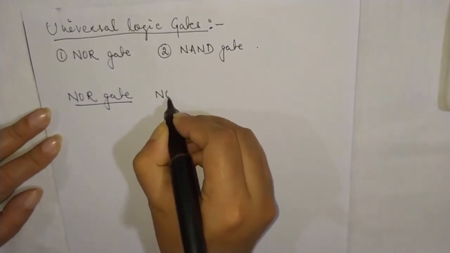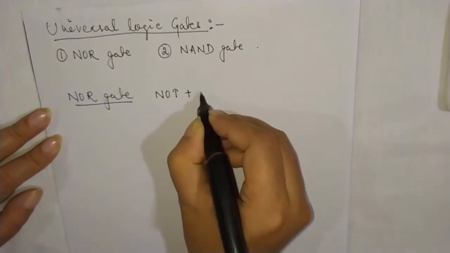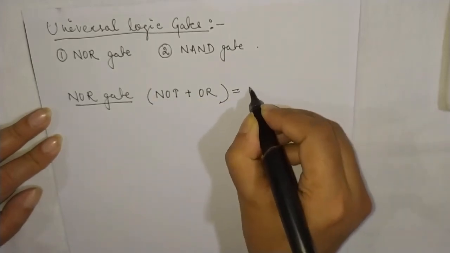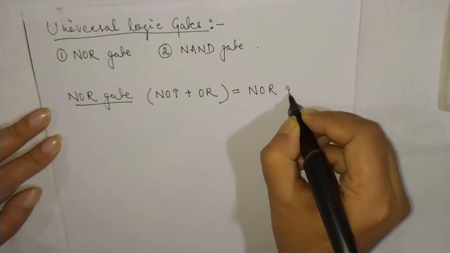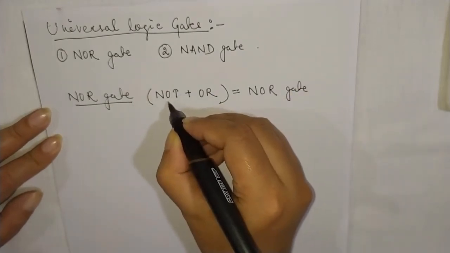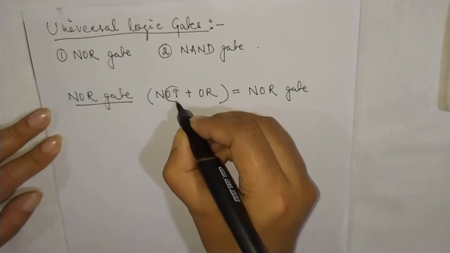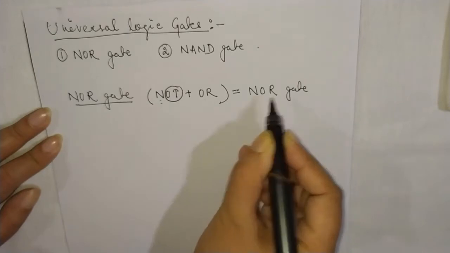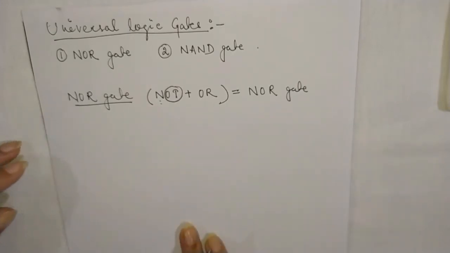The first one is NOT plus OR, which is going to give you NOR gate. So here the O and T are silent, and you have to just combine NOT and OR. So that is going to give you NOR gate.